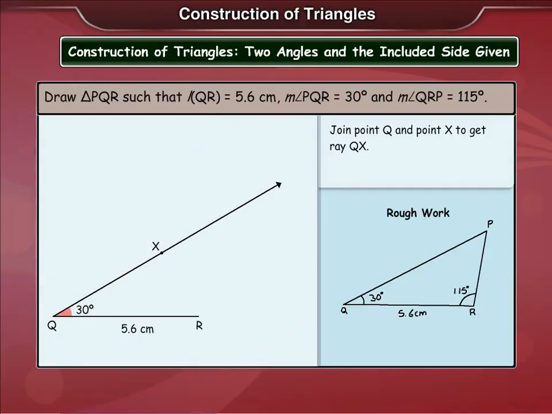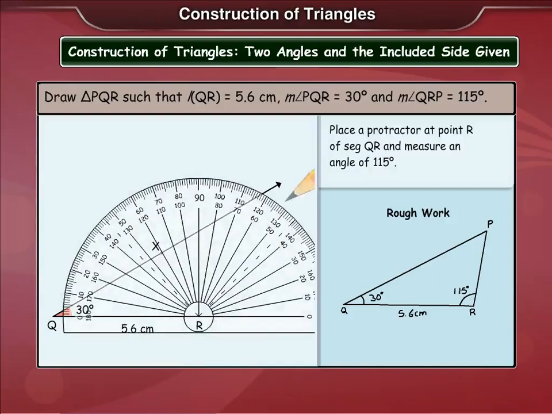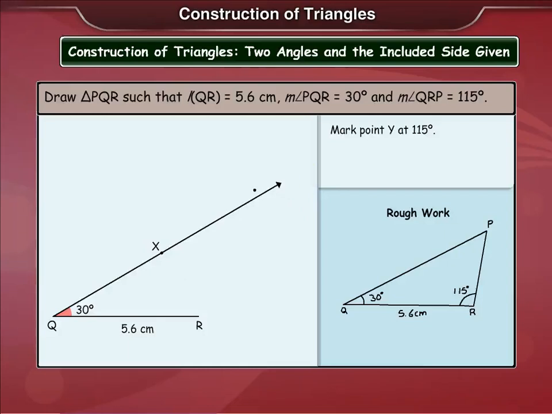Draw ray QX in such a way that angle RQX of measure 30 degrees is formed on the other side of segment QR. Similarly, draw ray RY such that it forms an angle QRY of measure 115 degrees.